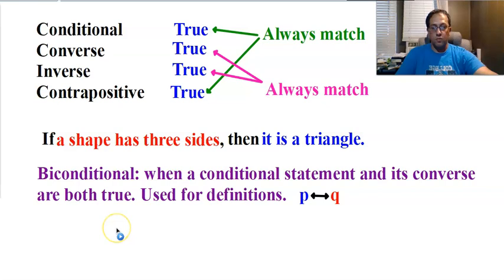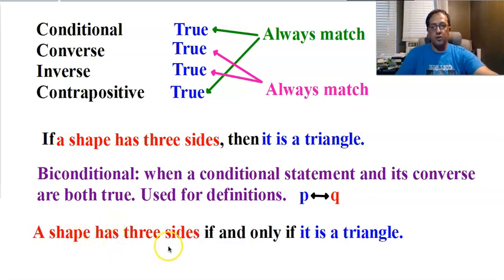The way we would write this with words would be a shape has three sides if and only if it is a triangle. All right, so you see our hypothesis and our conclusion, and we just stick if and only if in between. Notice there's no then in this sentence, okay? So this is called biconditional if it comes out true all the way.